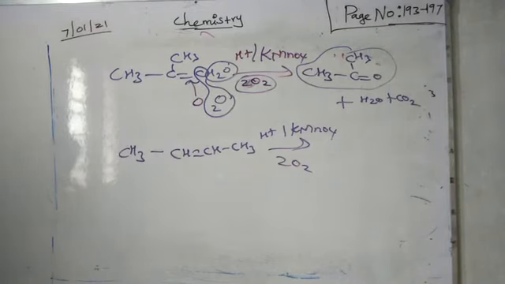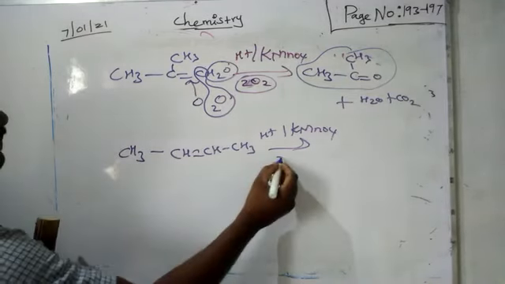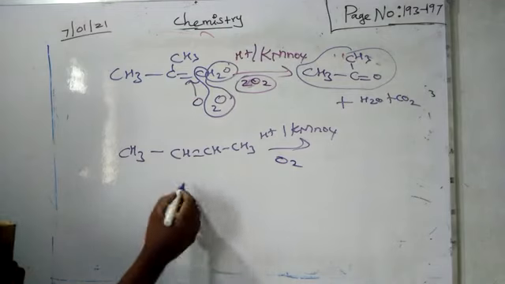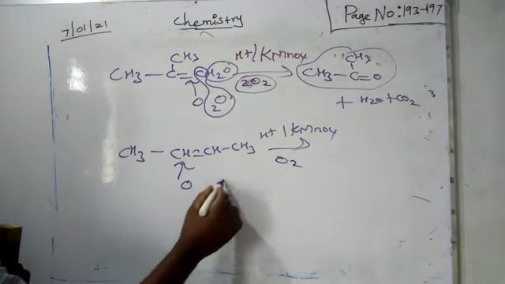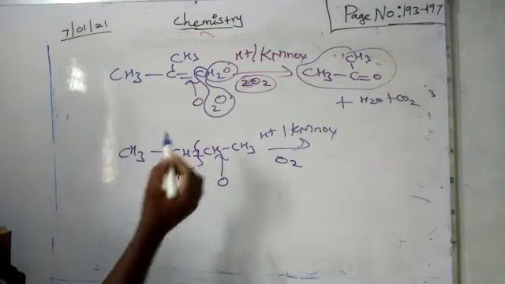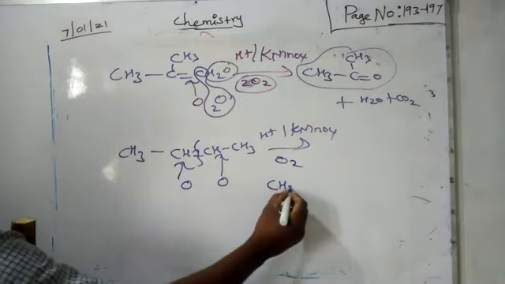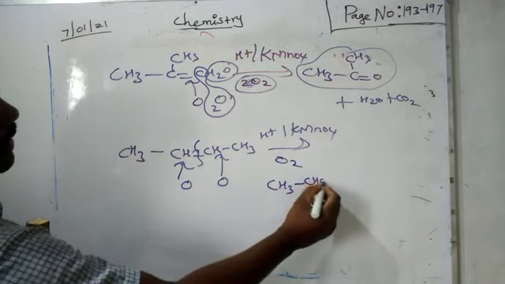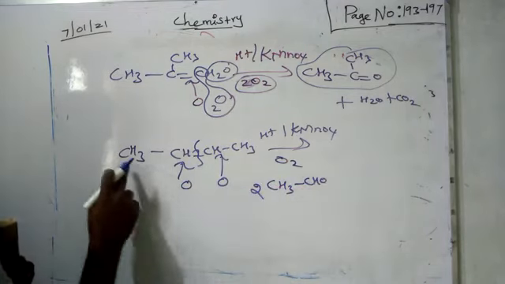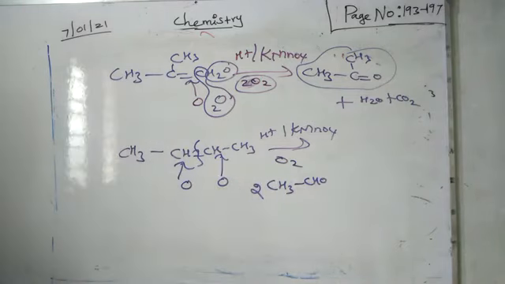First, 1 mole of oxygen we can bring in 2 steps: 1 oxygen added to one CH group, another oxygen to the other CH group. So the bond will disappear and it will break into aldehyde groups, CH3CHO, CH3CHO, 2 moles of aldehyde.